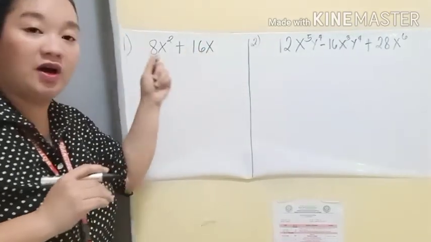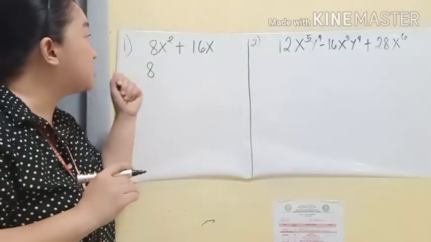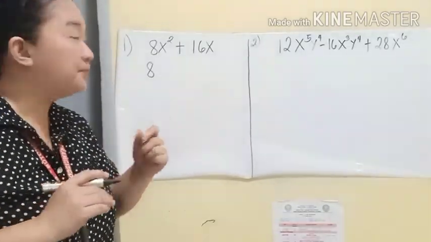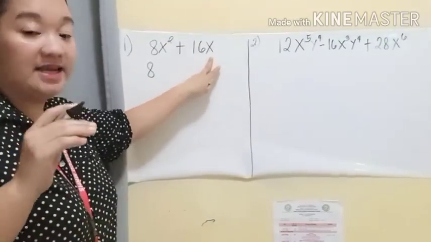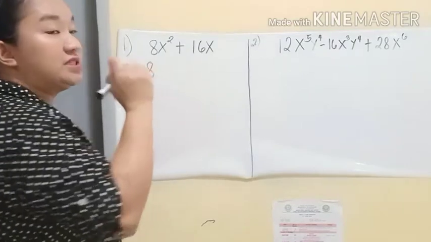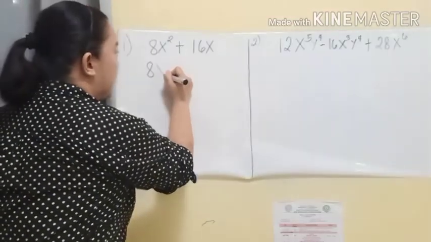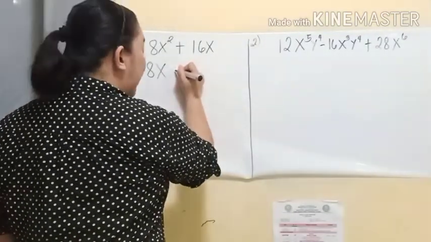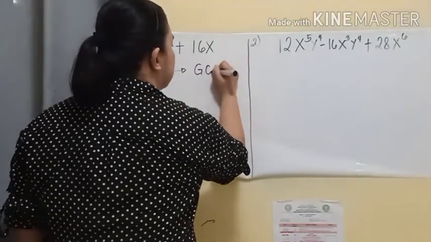Next, since we already know the variable which is common to this expression, let's proceed to its least degree or least exponent. The exponent here is 2 and the exponent is 1. So the variable which has least degree is x. So our GCF is 8x.